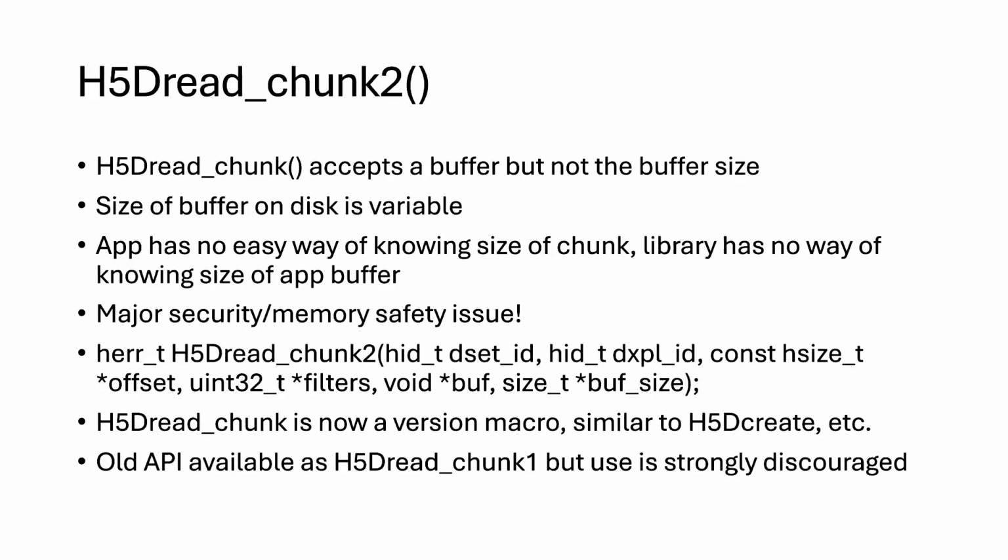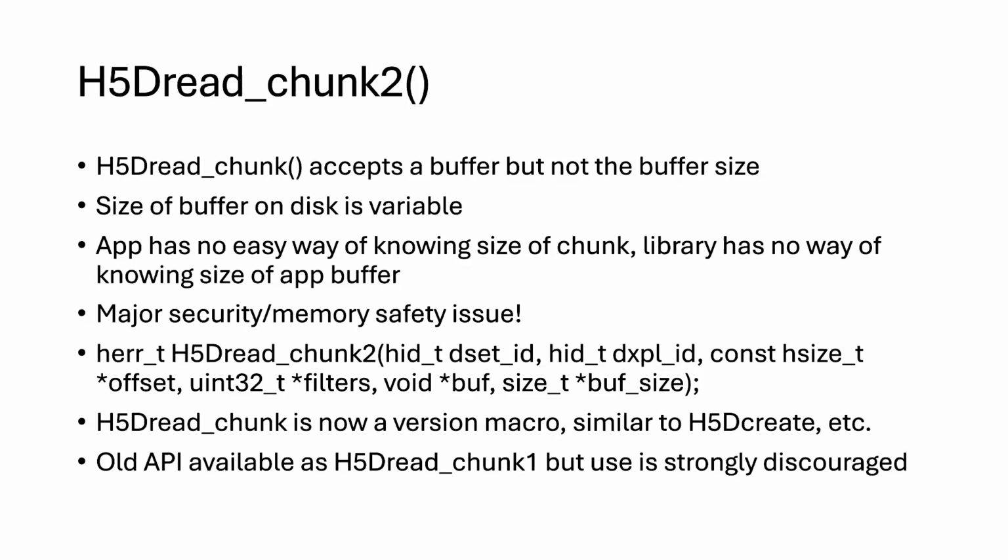Its purpose is to read a chunk directly from disk without going through any caches or any intermediate layers or any filters or any data type conversions. You pass a buffer and it reads from disk directly to that buffer, and that's all it does. Well, it also needs to make sure that the cache stays consistent, but for the most part, that's all it does.